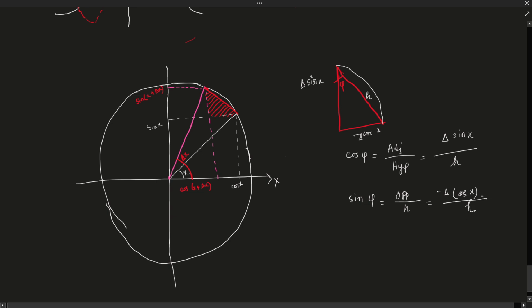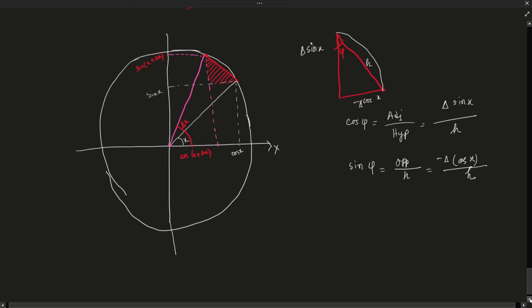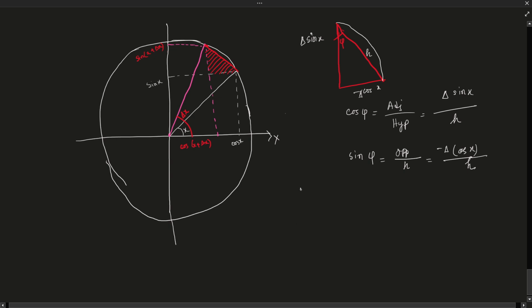Okay, so now what if this delta gets smaller and smaller? I mean, the triangle's hypotenuse coincides with the arc of the circle and approaches del x, very small, like tiny.